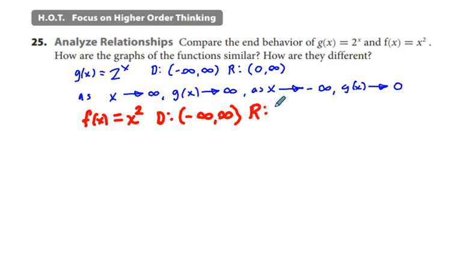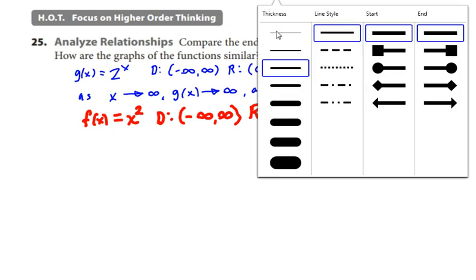Now, is our range going to be the same? Well, no, it is not. And the reason it's not is because the range does start at 0, and then goes up to less than infinity.